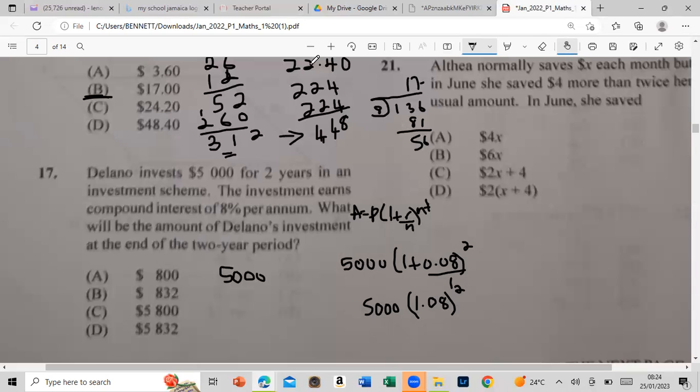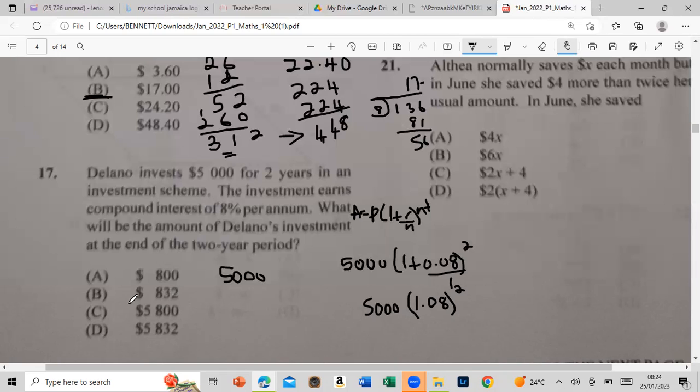Well, I'm gonna cheat. Alright, so it's 5,000 times 1.08 times 1.08.